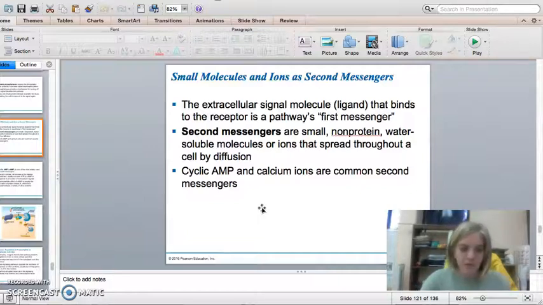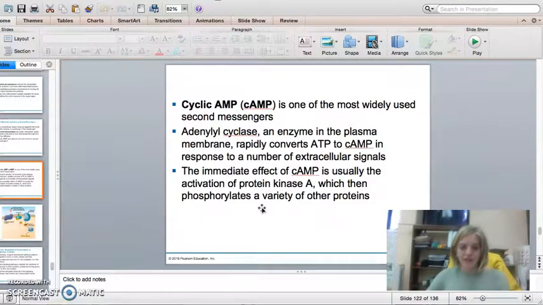One way we've seen this used is with the regulation of epinephrine. When epinephrine binds to the plasma membrane, that results in an increased concentration of cyclic AMP, or cAMP, which we talked about is a widely used second messenger.